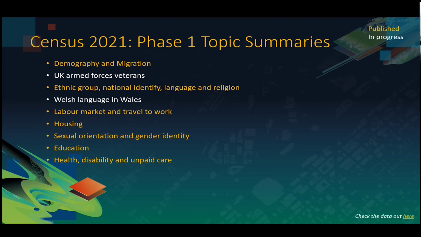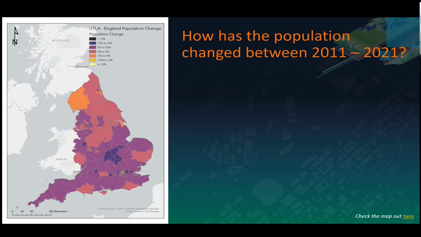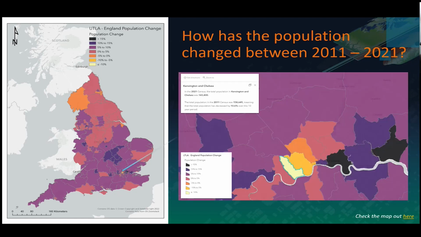And just to show you what sort of content you can create with this data, I wanted to show you a map that I've created. So using the census population summary layer, I wanted to find out how has the population changed between 2011 to 2021 in England. And it was interesting to observe that one of the biggest declines in population was seen in some local authorities in London, such as Kensington and Chelsea, Westminster and Camden.